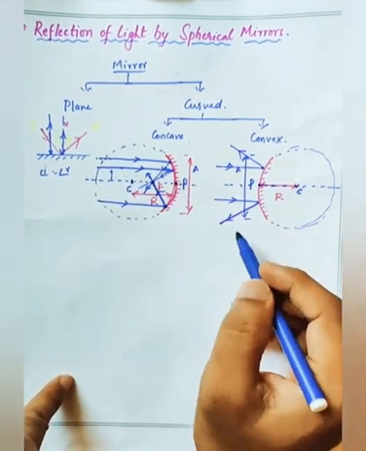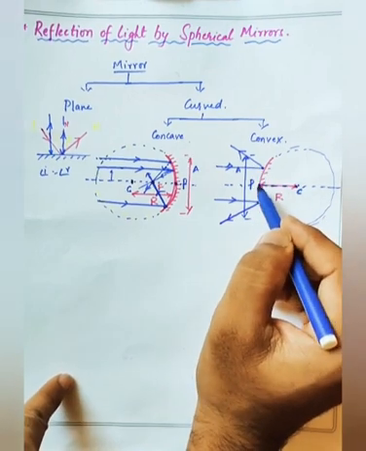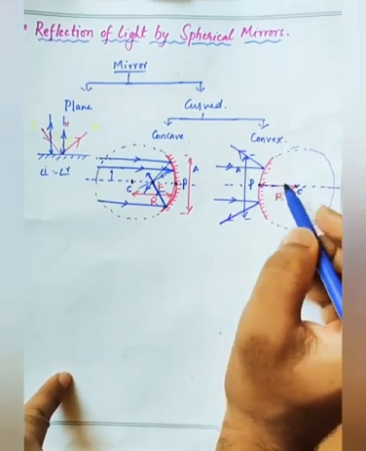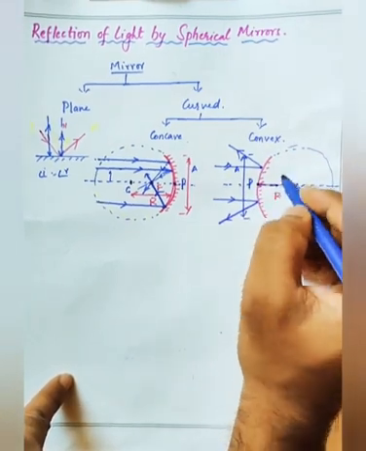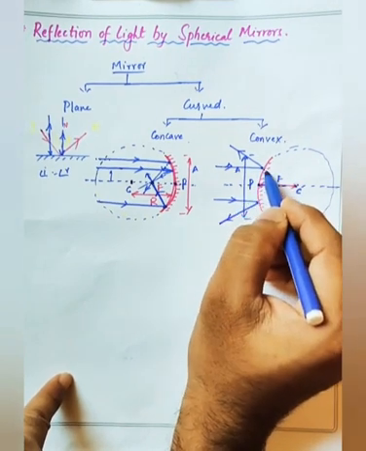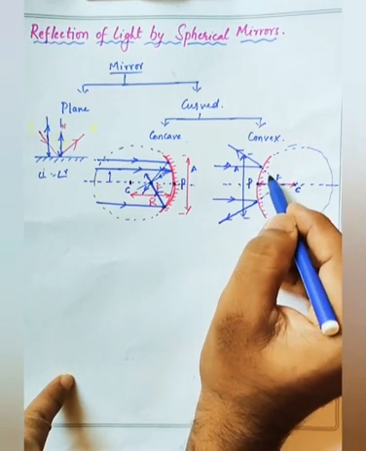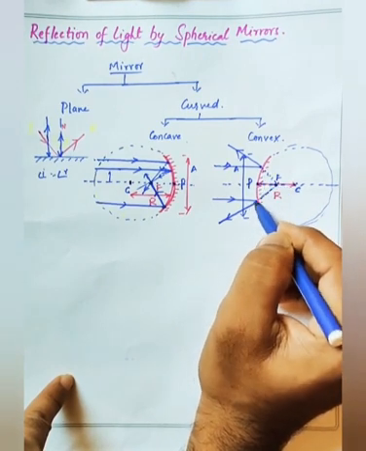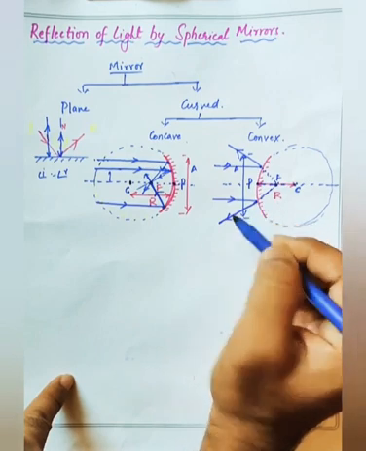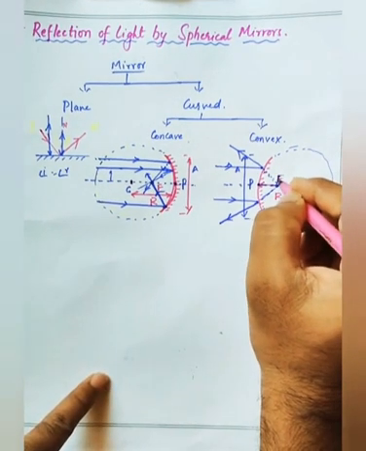From where are they going away? They appear to diverge from this particular point F. Again we have a principal focus here, and the rays appear to be coming from this particular point. So hope you got to know what the principal focus is. This is also a principal focus.